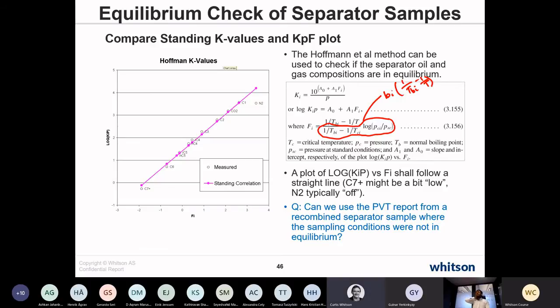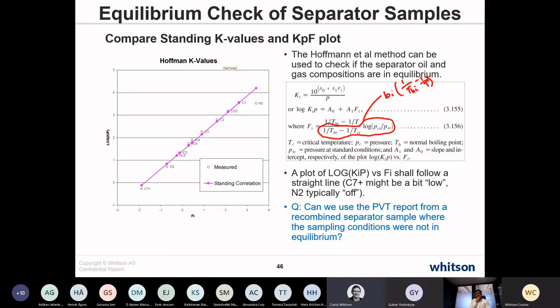So if you believe the laboratory measurements are correct, that the composition of the separator gas and the separator oil are correct compositions of what's in each of the bottles, and you make a recombination with the test GOR, for example, then you think the total Wellstream you've physically recombined is correct.